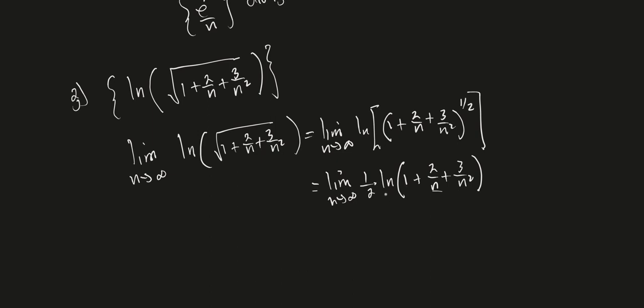So since the natural log is a continuous function, I have the ability to take the limit and actually pass it through the ln. So instead of doing the ln of this quantity and then trying to compute the limit, I can compute the limit of the quantity and then compute the ln. So I can switch the order in which I apply the natural log and apply the limit. So instead of doing the limit last, I can compute the limit first.